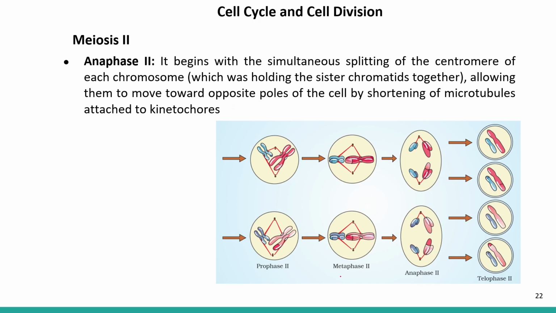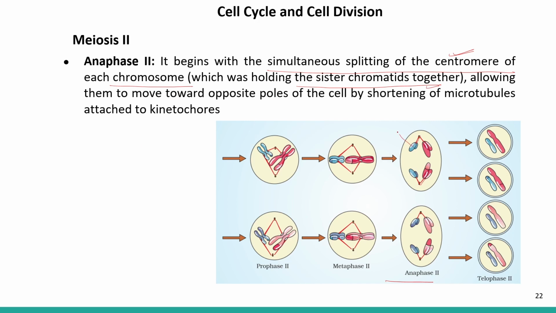Anaphase 2, here comes the anaphase 2, okay? So it began with the simultaneous splitting of the centromere of each chromosome, which was holding the sister chromatids together. So here you can see it is holding the sister chromatids. It is moving toward the opposite poles.